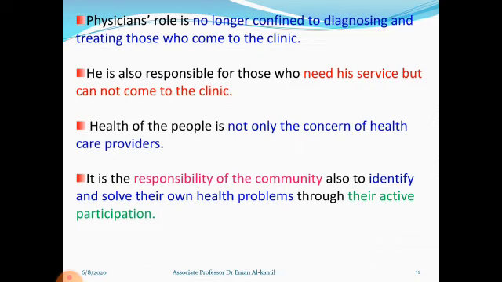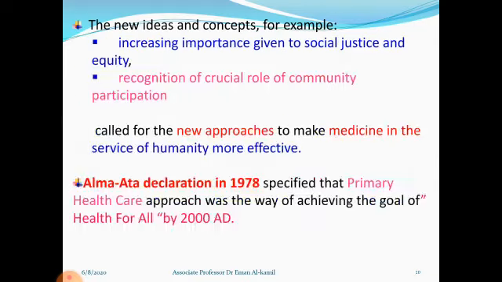So we give a role for the people to participate in improving and protecting their health. The new idea and concept, for example, is increasing the importance given to social justice and equity.